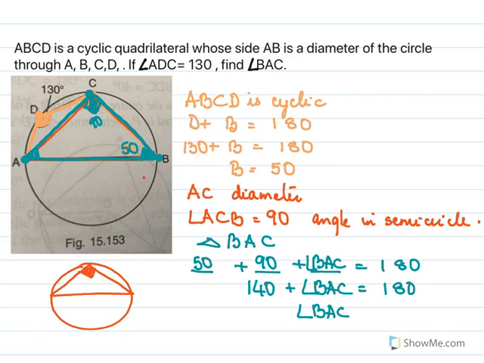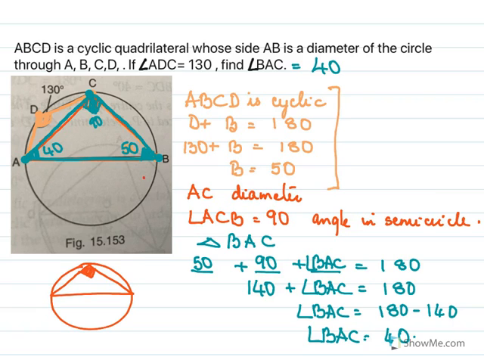So angle BAC is 180 minus 140, so angle BAC equals 40. So we got this angle as 40. That's what they asked here. Angle BAC is 40.